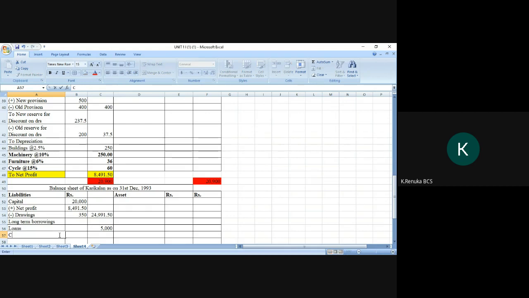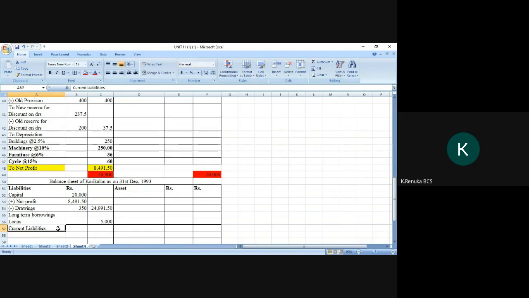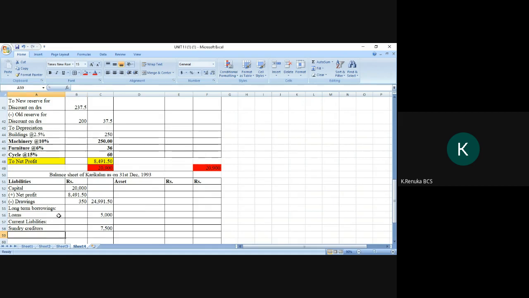Next is current liabilities. Under the head current liabilities, we have sundry creditors. Sundry creditors is a current liability. Value is 7,500.